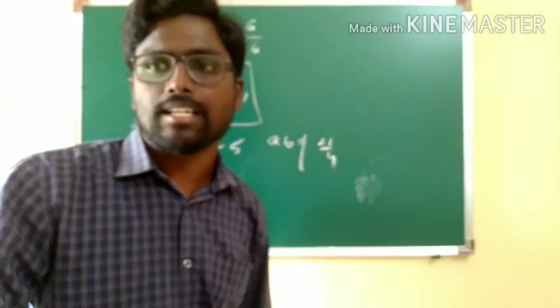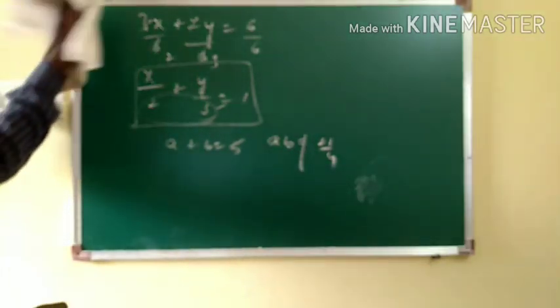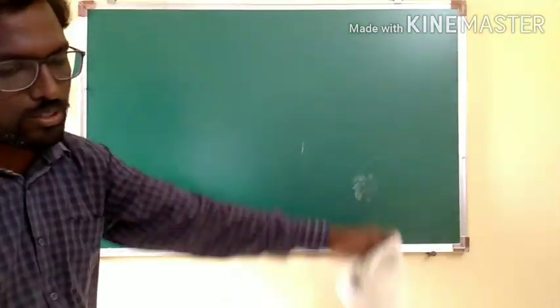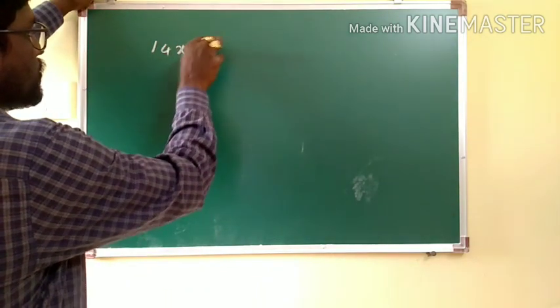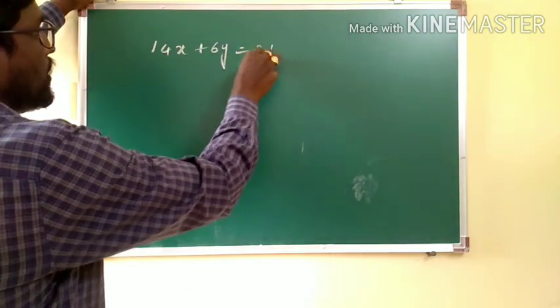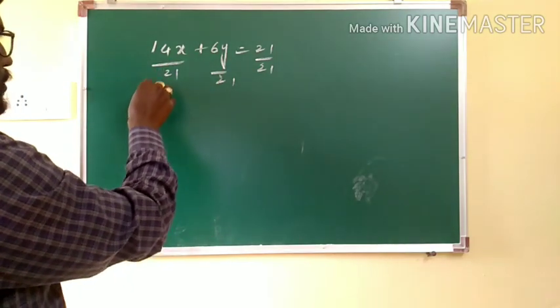Similarly, you will check for the second case and third case, and you will be justifying which option is right according to the given conditions. What is the third option here? 14x plus 6y is equal to 21.